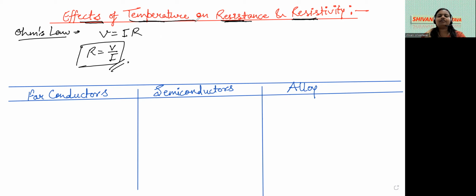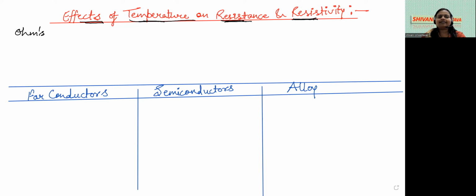After that, we studied the factors affecting resistance, on what factors the resistance depends. Resistance depends on the length of a conductor, meaning resistance is directly proportional to length. Resistance is inversely proportional to the area of cross section, which is perpendicular to the direction of current.